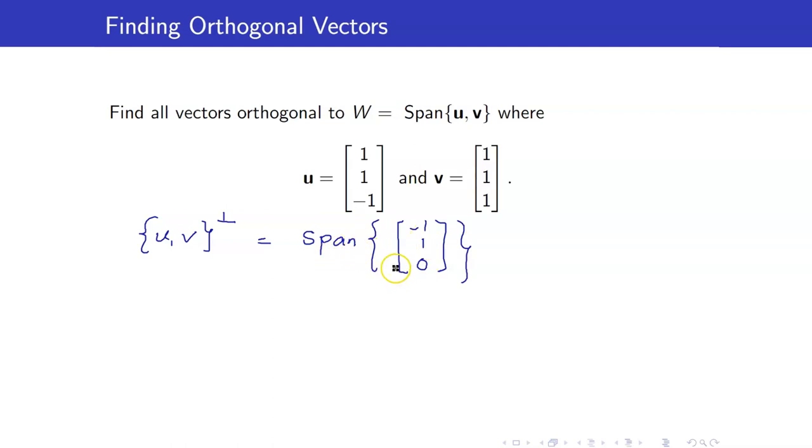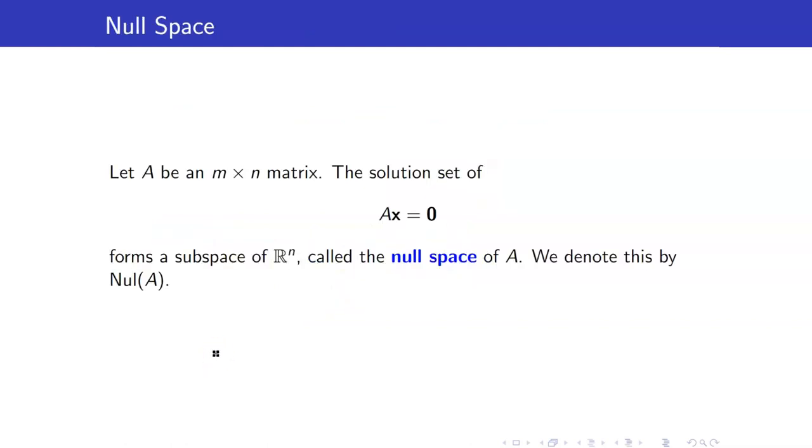Since this set is orthogonal to these two vectors here, it will also be perpendicular to all the elements in the span. So this one will also be equal to W perp.